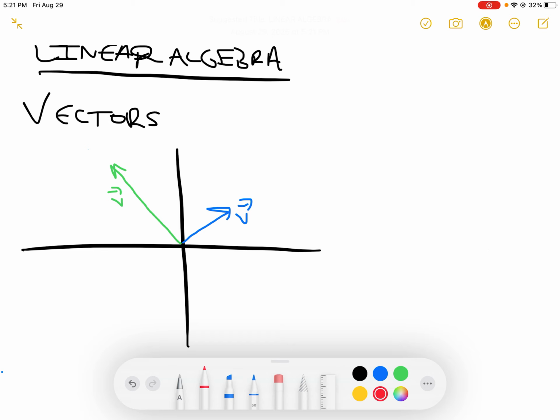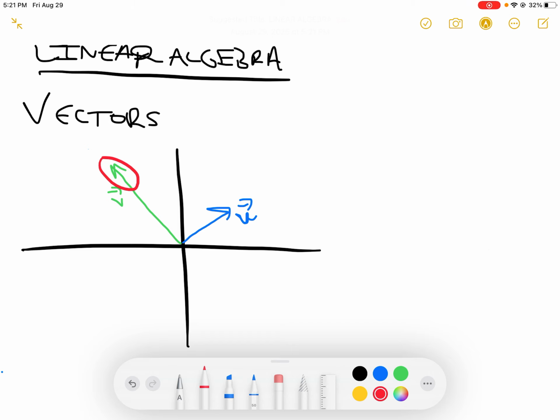So what you do is, I just realized that looks exactly the same. Sometimes it's hard for me to draw my u's. I'll just do a little thing like that so you know. So, tip-to-tail method, what's going to happen is the tip of v needs to align with the tail of u.